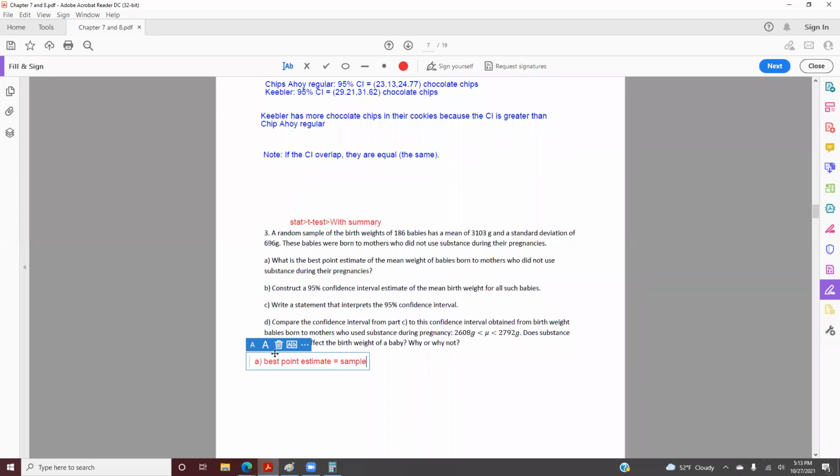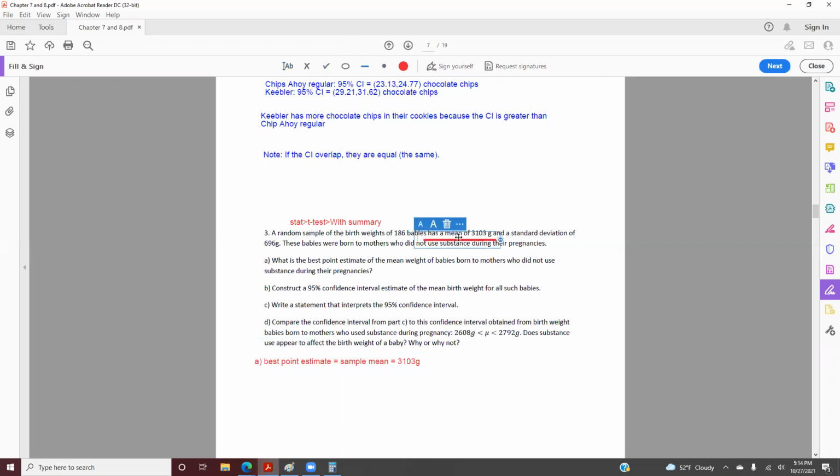That will be your sample mean. Yes. Does the question provide us the sample mean? Don't we have to figure it out, plug it in? No, the mean is this: 3,103 grams. You do not need to do anything.